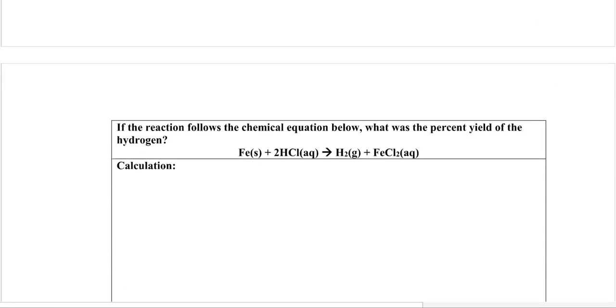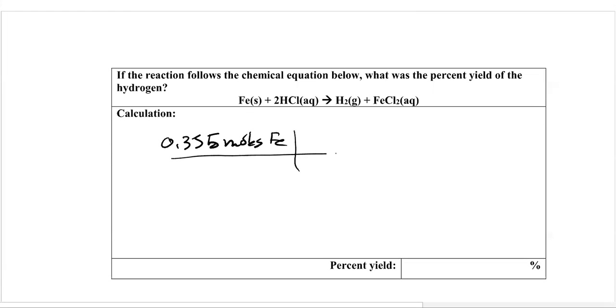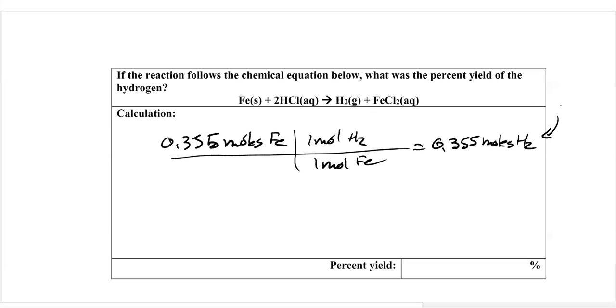Now it's asking us, if the reaction follows this chemical equation below, what was the percent yield of this reaction? Let's take a look. We had 0.355 moles of iron. Theoretically, it should be 1 mole of hydrogen for 1 mole of iron, so we should have made 0.355 moles of hydrogen. This is our theoretical value.